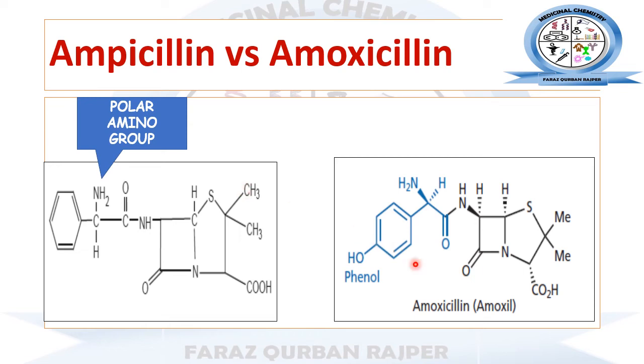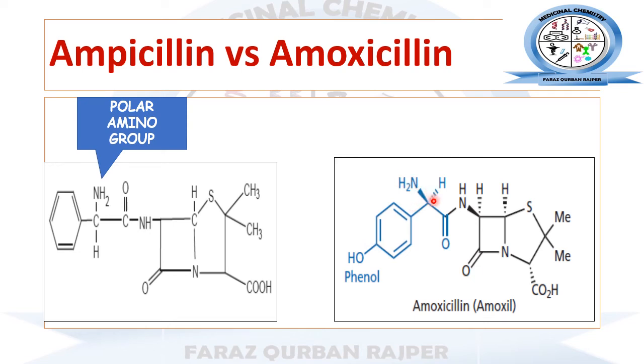The next structure is of the amoxicillin. Amoxicillin chemical structure is similar to the ampicillin, but the only difference is it has the hydroxy functional group para to the position of this amino.